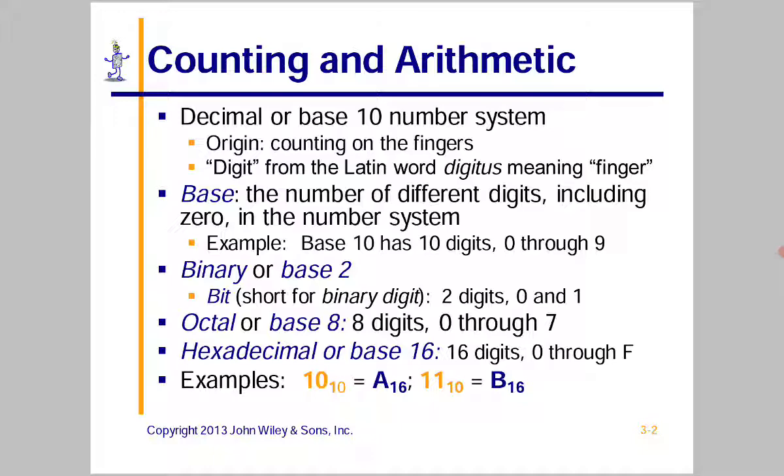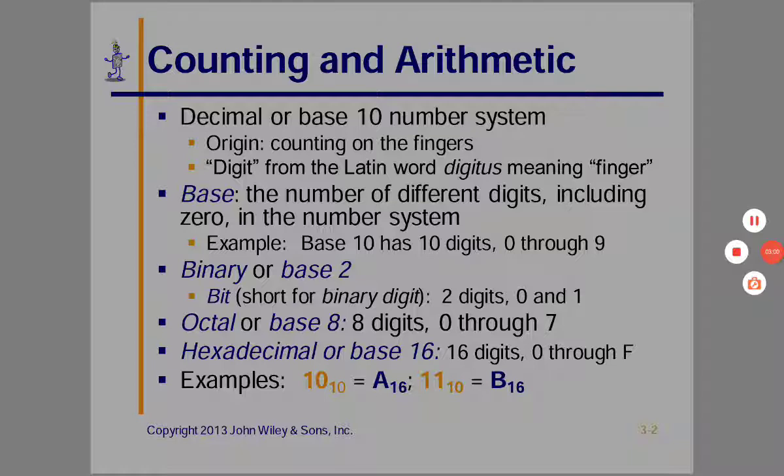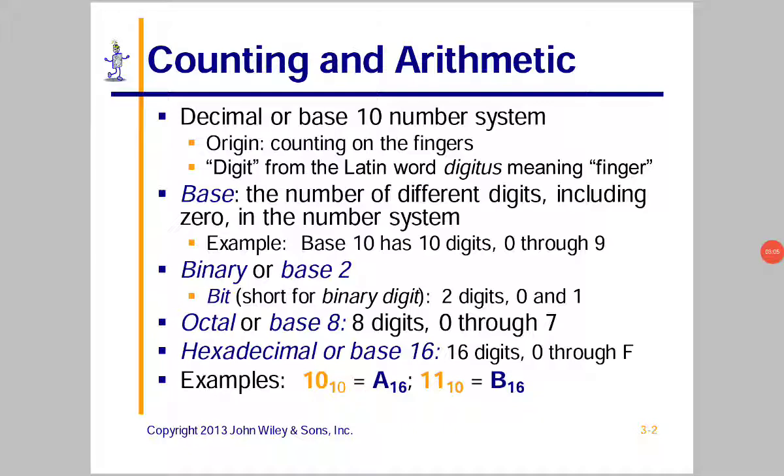0 to 9 are a total of 10. Decimal 10 means capital A, decimal 11 means capital B, decimal 12 means capital C, decimal 13 means capital D, decimal 14 means capital E, decimal 15 means capital F. So the hexadecimal, or base 16, number system has 16 digits, from 0 through capital F. For example, decimal 10 is capital A in hexadecimal.